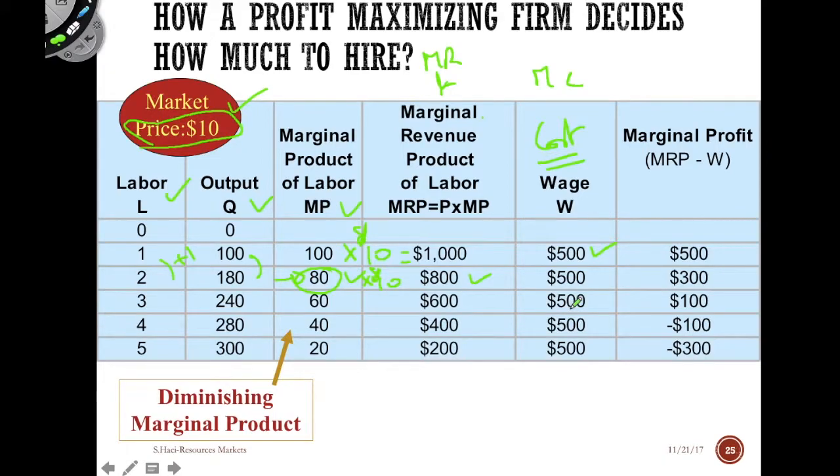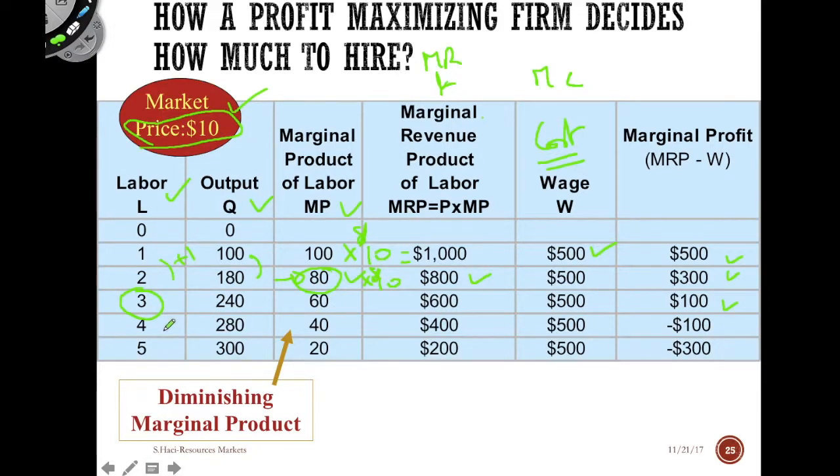Well, you can see that 3 workers is going to be the best option for this company. And the reason is that for the first 3 workers, the additional revenue generated per worker is greater than the cost of these workers. Because of that, the profits are always positive per worker that is added.